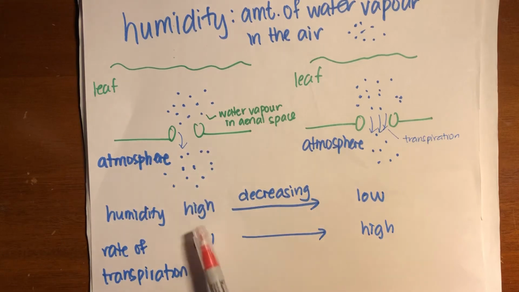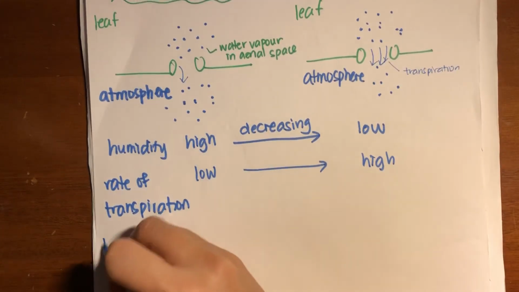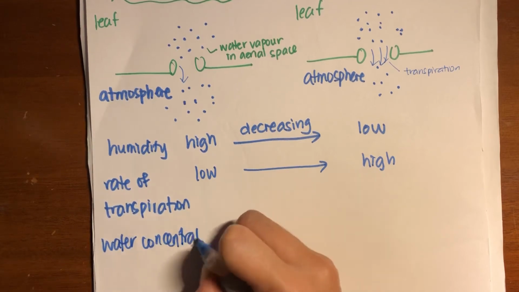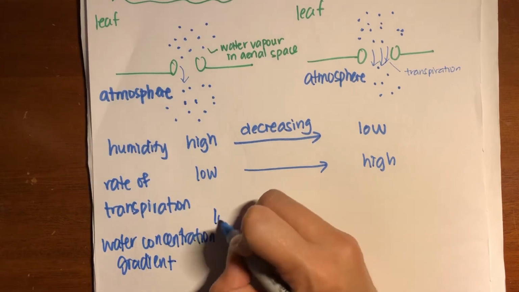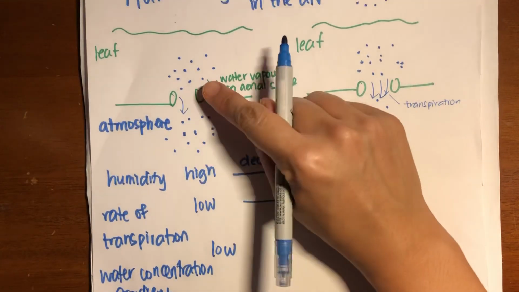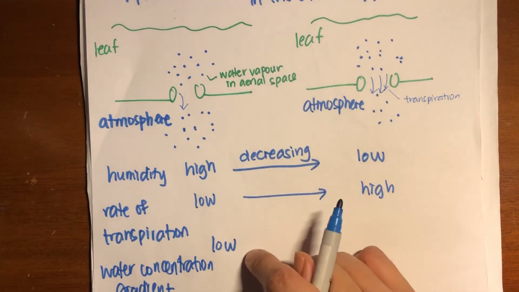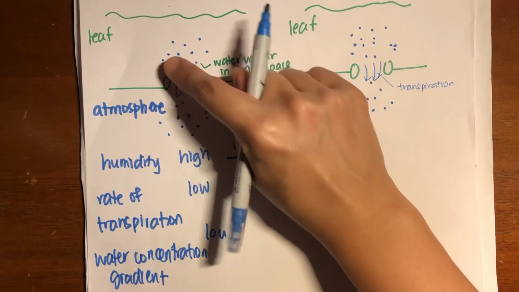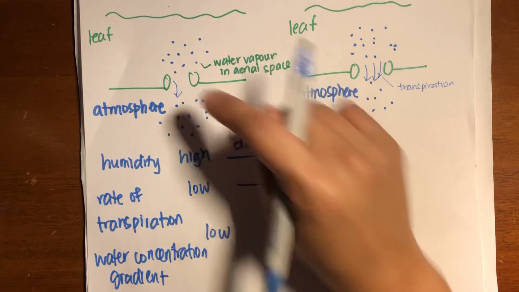Now, at high humidity, the water concentration gradient is low because the difference between inside and outside is not very much. So the rate of transpiration is lower, indicated by the one arrow here.